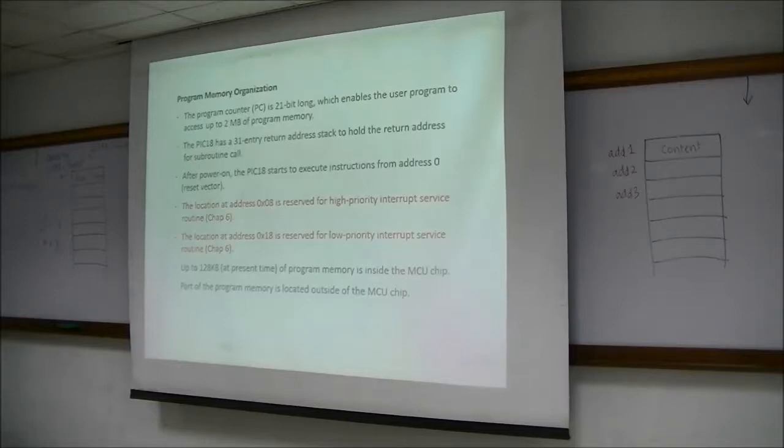Tell me how many bits are required. If for 8 locations we require 3 bits, now we have 2,097,152 locations. How many bits do we need in binary?